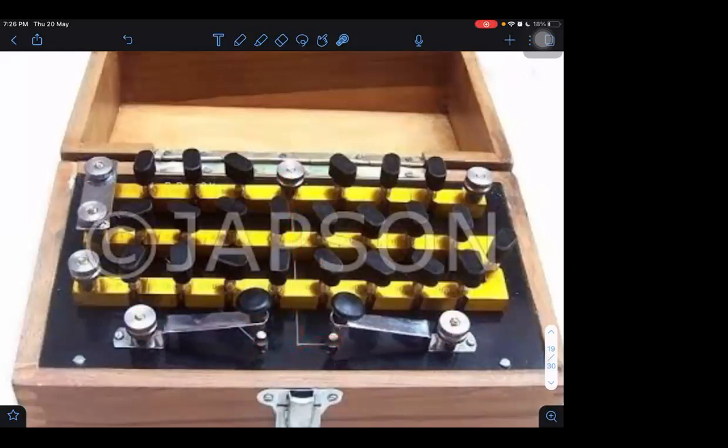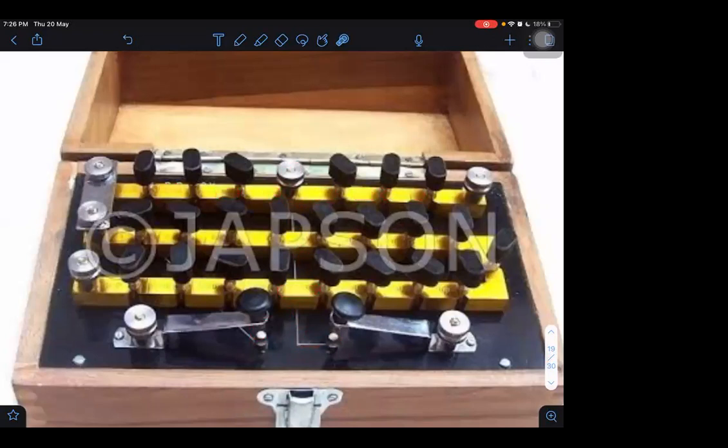The wire goes under the yellow rod and is directly connected to this side. The yellow part is metal, a conductor, with zero resistance.